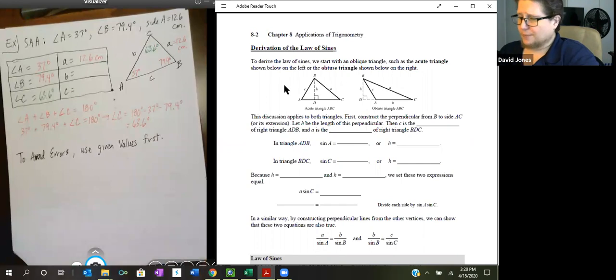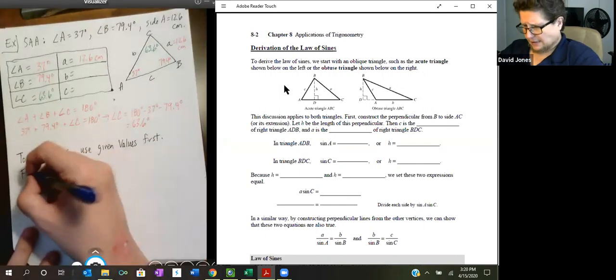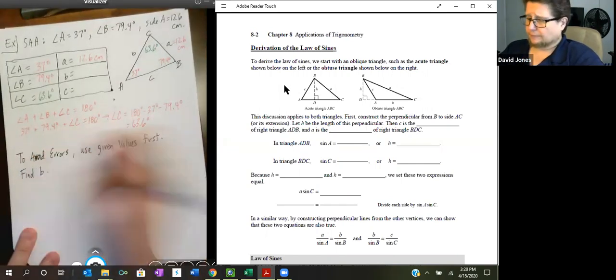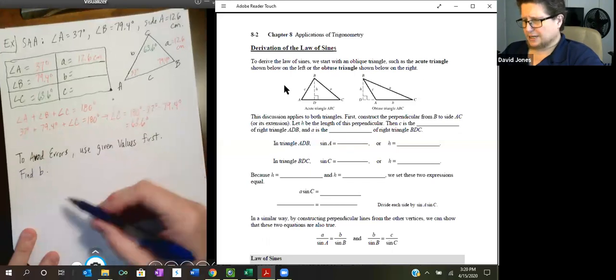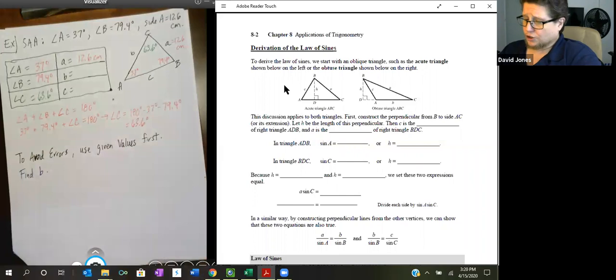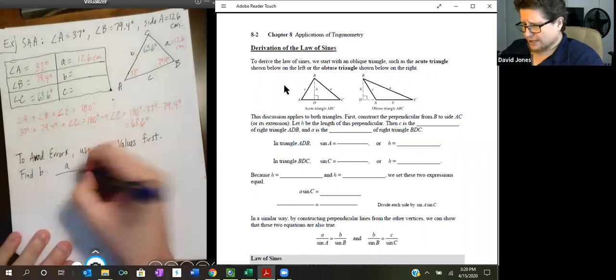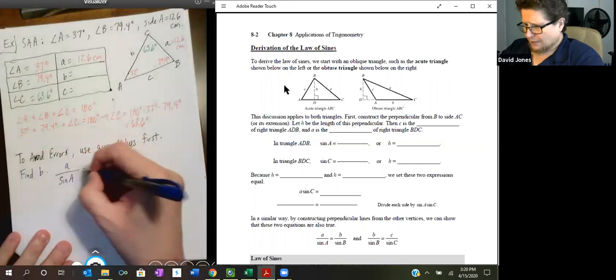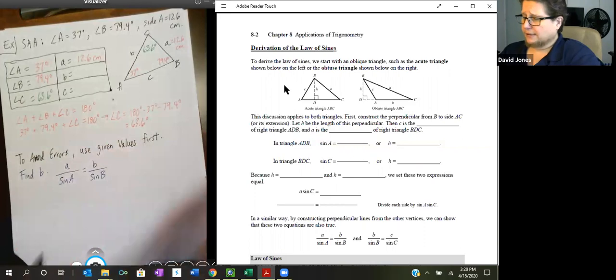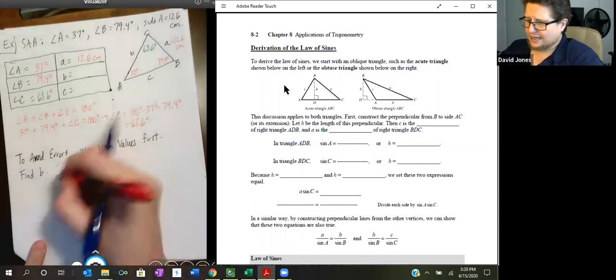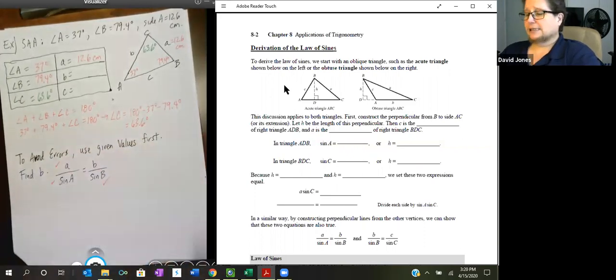Let's find side B. I want B to be in the numerator. So I'm going to have A over sine A equals B over sine B. This is given, given, given.